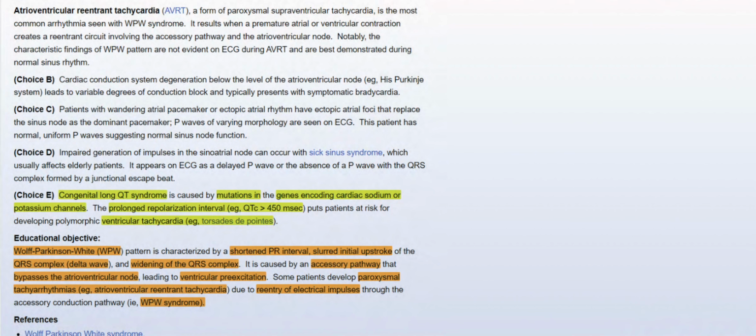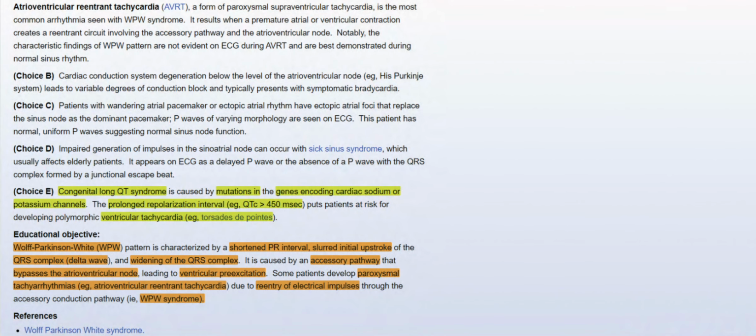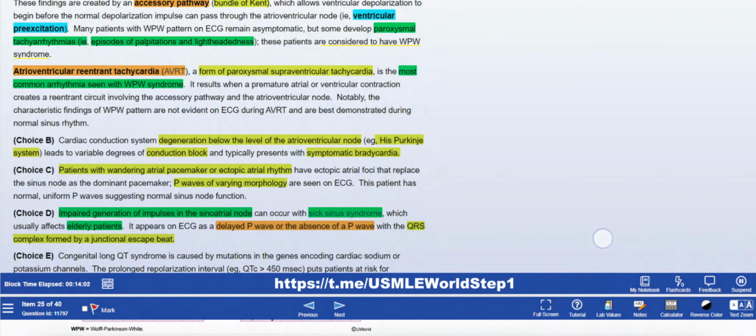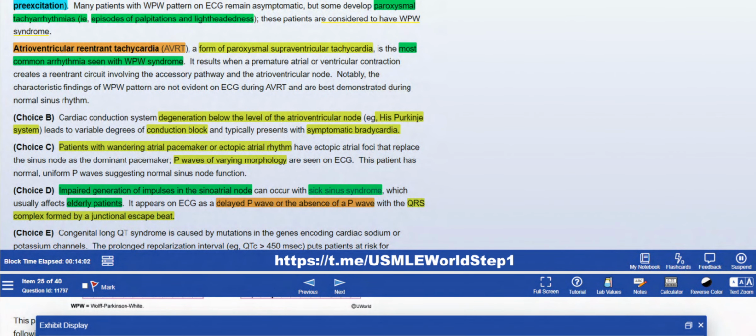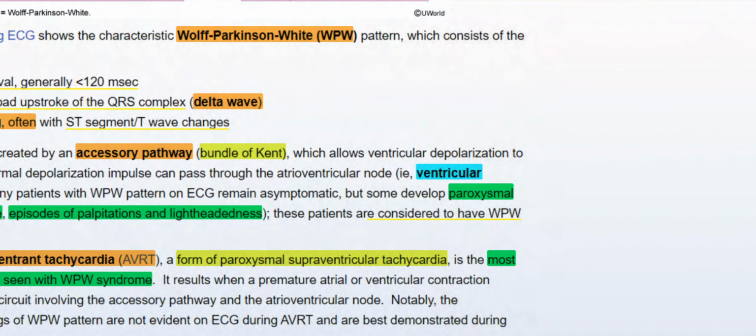Remember this: we have given grading to these different markers, these different colors. The orange one is grade 4, right? This is very important, you shouldn't miss this. Then we have the green one, this is grade 3. Then the blue one is grade 2.